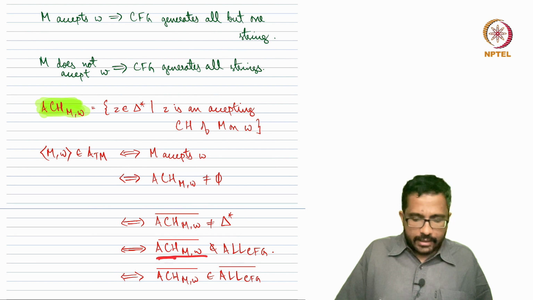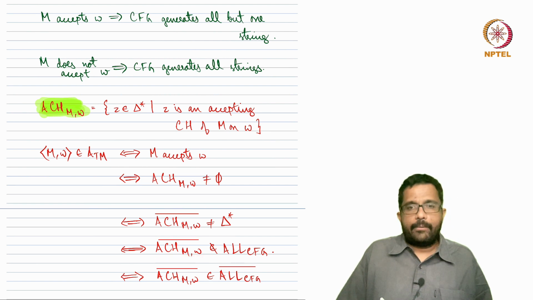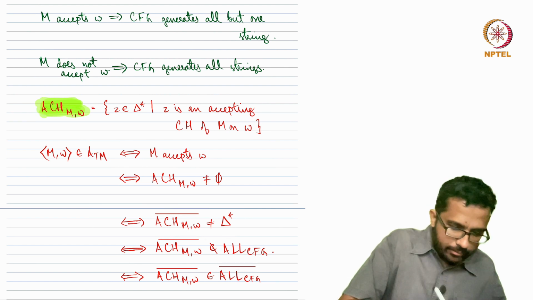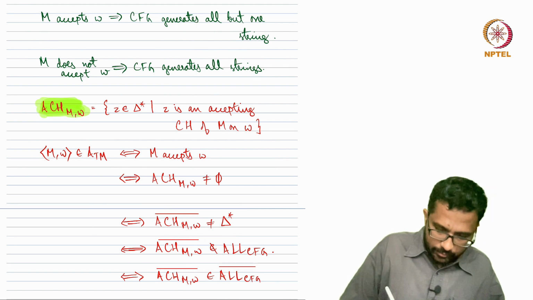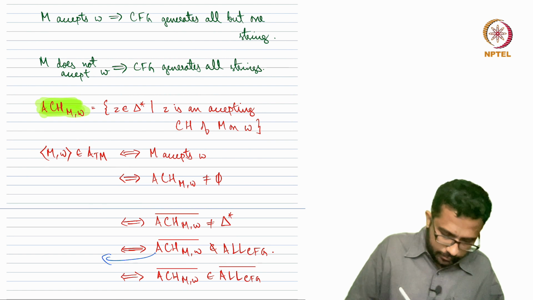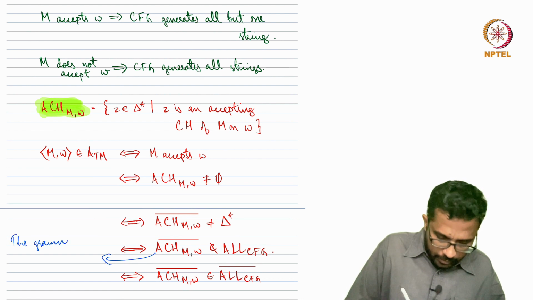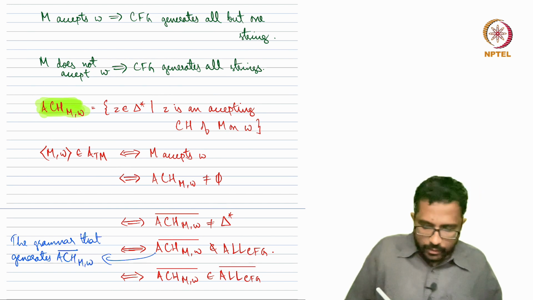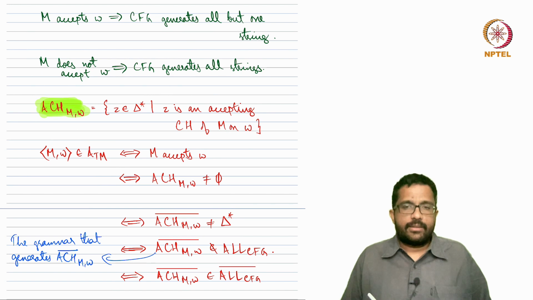Which means the grammar that generates ACH_{M,W} complement should not be in all CFG.